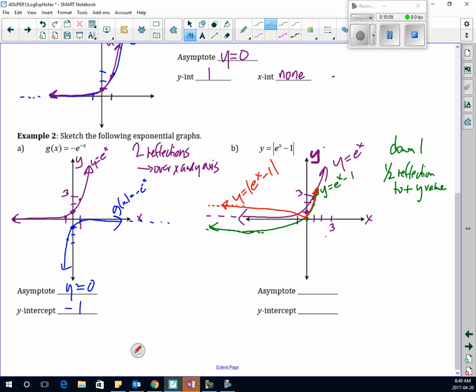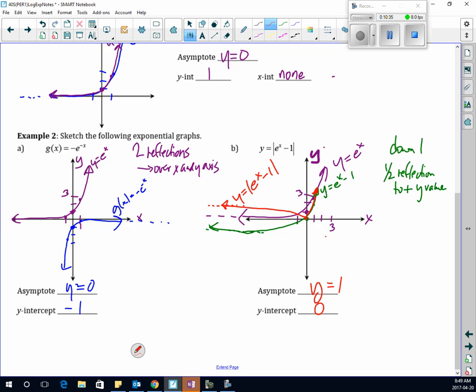So again, on my green, the positive stayed the same, and then all I'm doing is reflecting this over the y-axis, right? So this green became this part, right? So then my asymptote is y equals 1 now. And what's my y-intercept? 0.